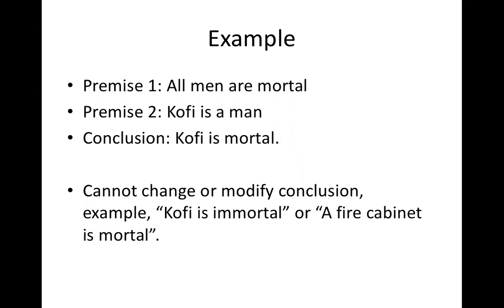The conclusion is saying something about the consequent. The conclusion is Kofi is mortal. So the conclusion is saying something about the consequent. Premise 2 is saying something about the antecedent. Conclusion is saying something about the consequent. Do you understand that? Yes, please. Okay. So that is very important.